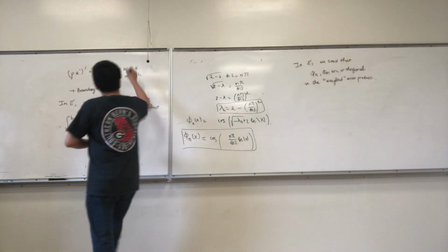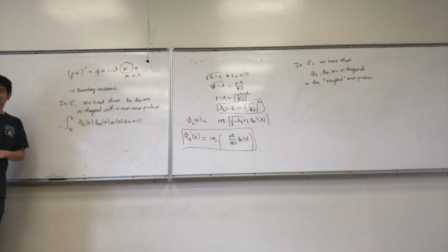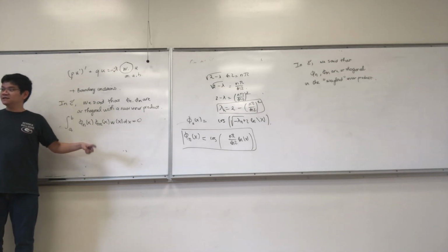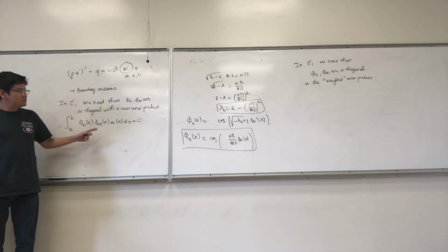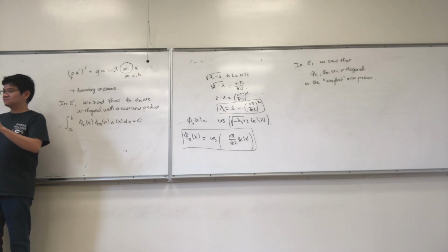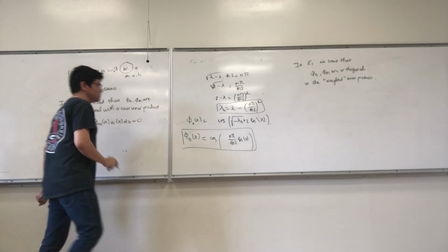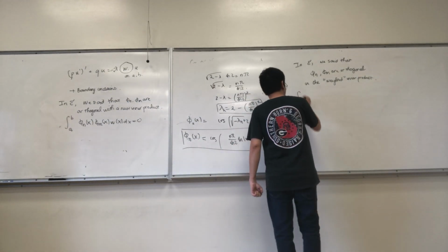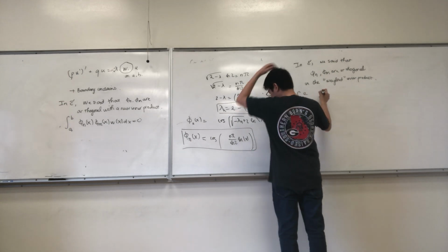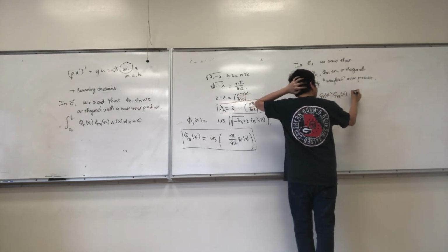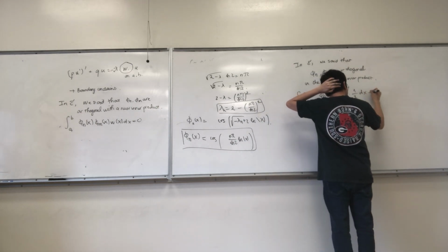The difference is that in the previous lectures, w is 1. This is why the inner product here had w equal to 1. So in this case, what is w? Student: 1 over x. Yes, w is 1 over x, which means that you have the integral from 1 to 2 of phi n of x, phi m of x times 1 over x dx is going to be 0.